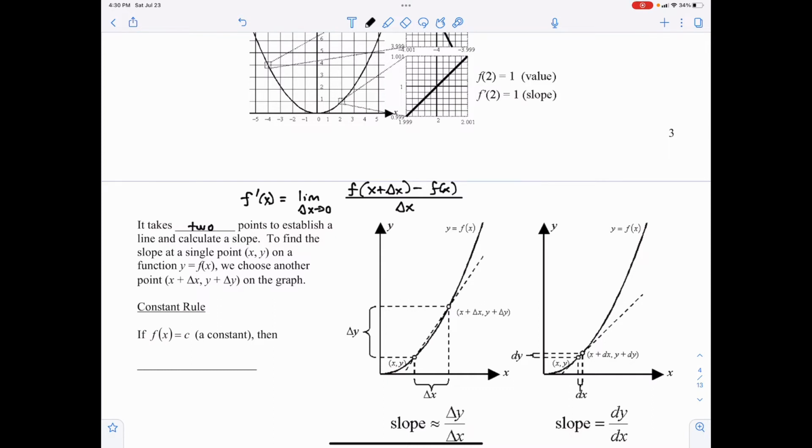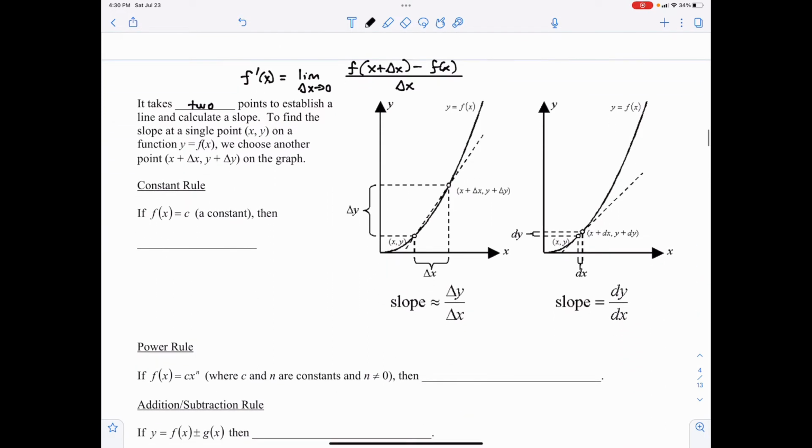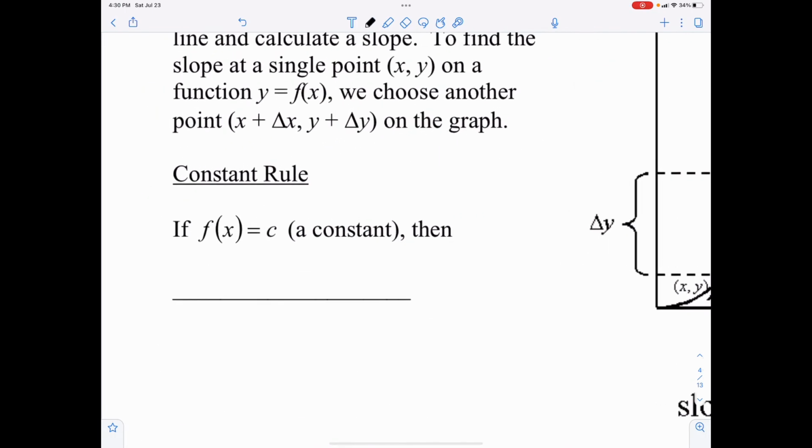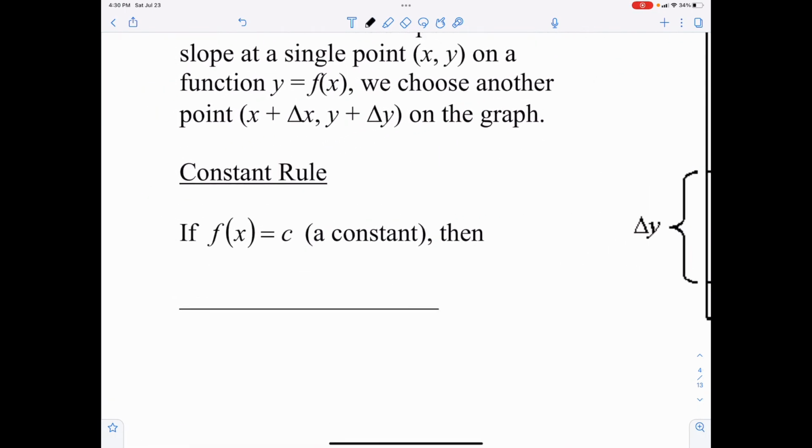The first one is the constant rule. If f of x equals c, a constant, so if our function is a constant, then the derivative of a constant is 0.